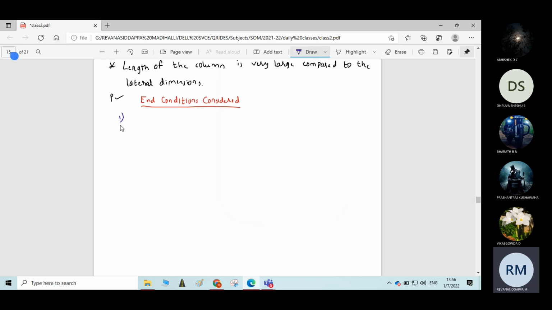The first condition is both ends of the column are hinged, or pinned. This is the first condition.